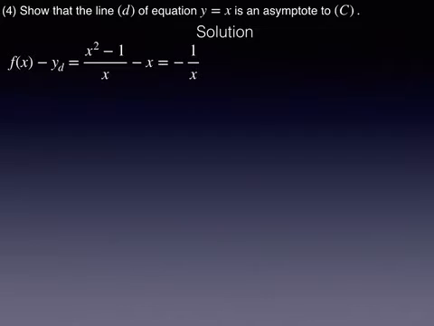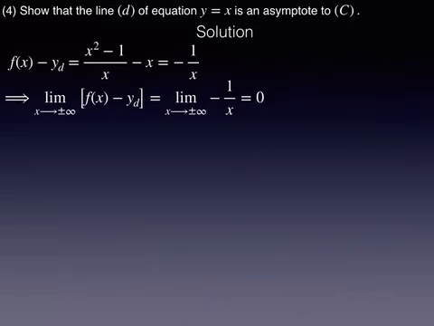So we have x squared minus 1 over x minus x. We take a common denominator and we will get x squared minus 1 minus x squared over x. Simplifying the numerator expression, it remains in the numerator minus 1 over x. So this is the simplified expression of f of x minus yD.